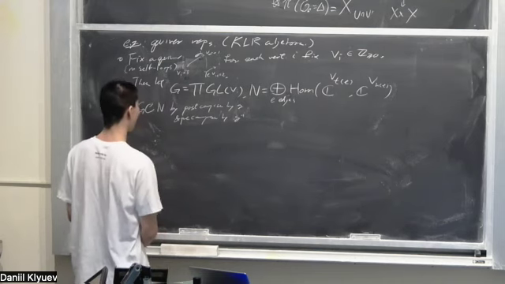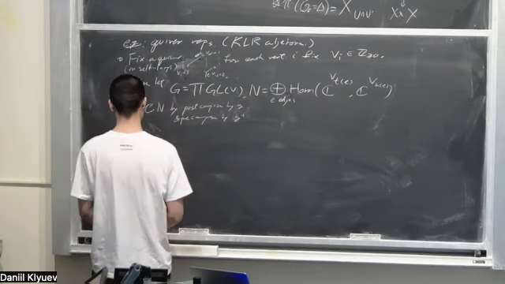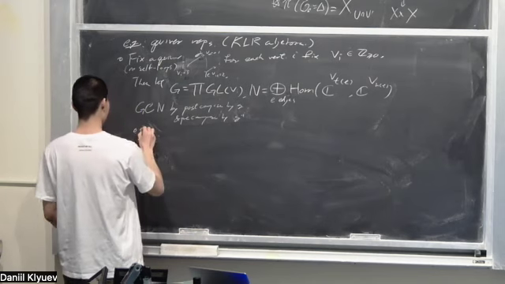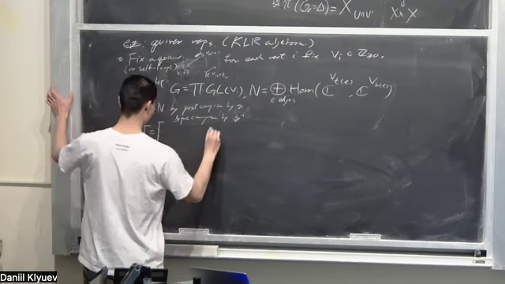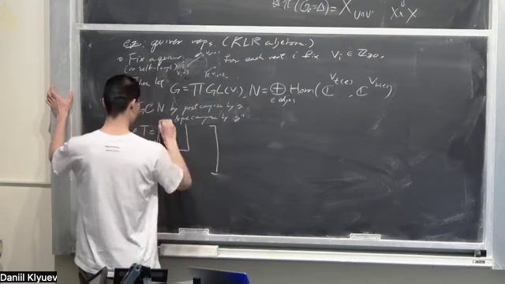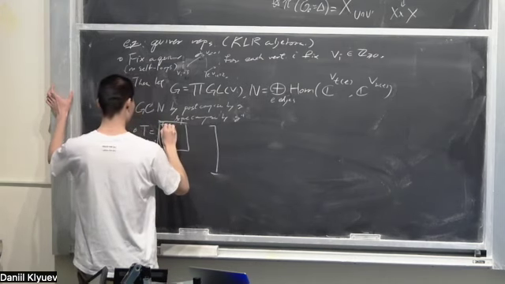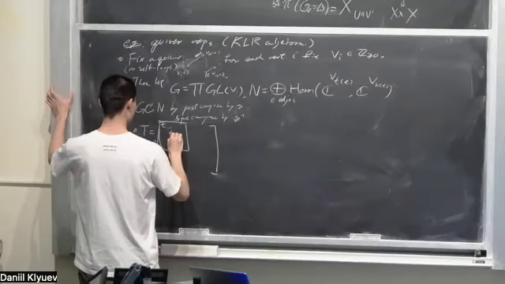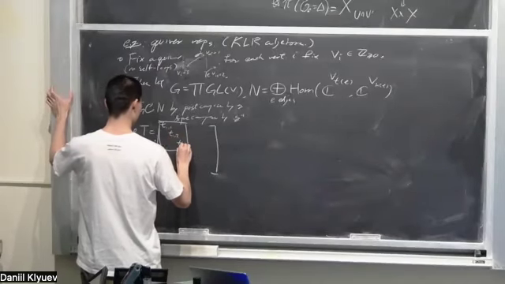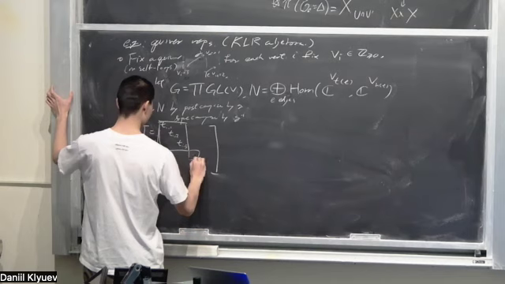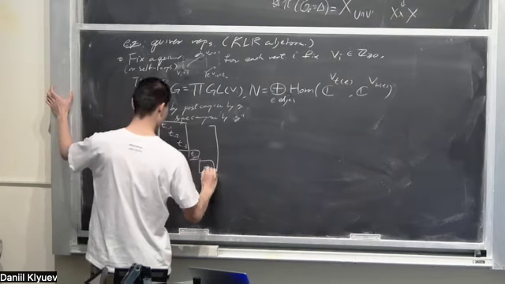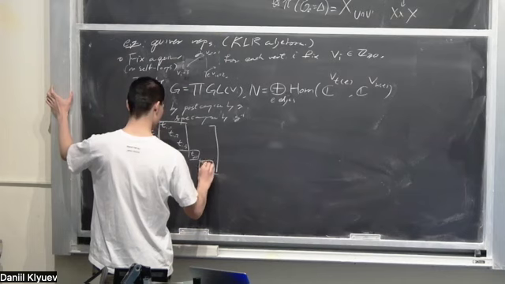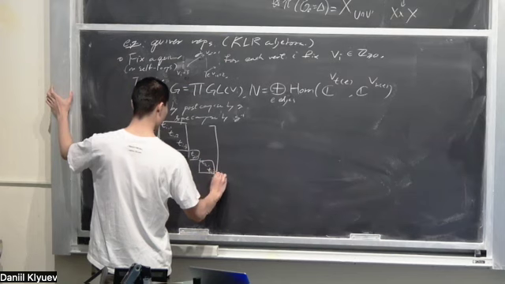Okay, so my torus looks something like this, right? Let's say T_I1, T_I2, T_I3, or T_J1, and then T_K1, T_K2, right?